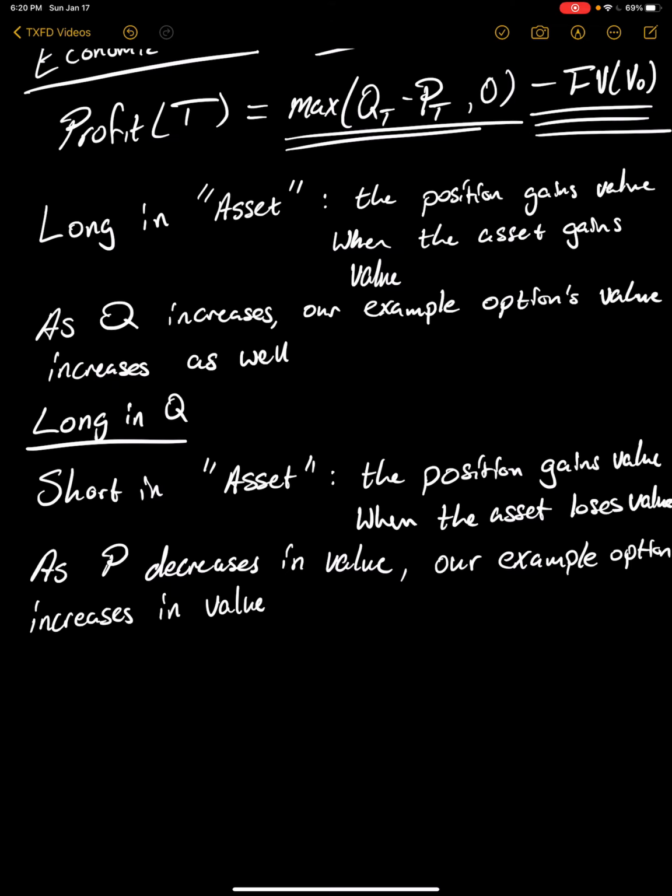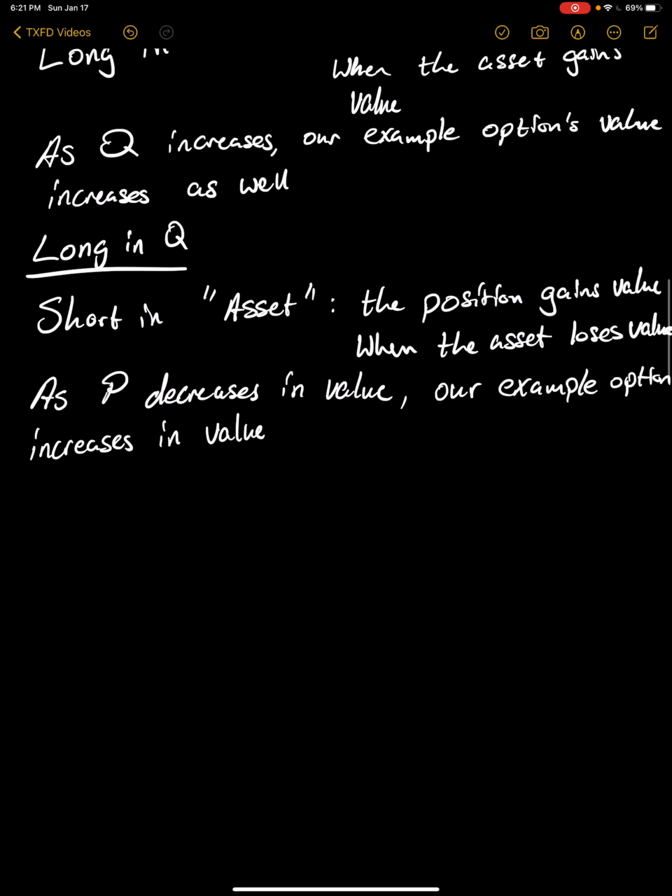And so as long as Q is less than P, it doesn't increase in value at all. But once P decreases in value below Q and continues to decrease, our option will increase.